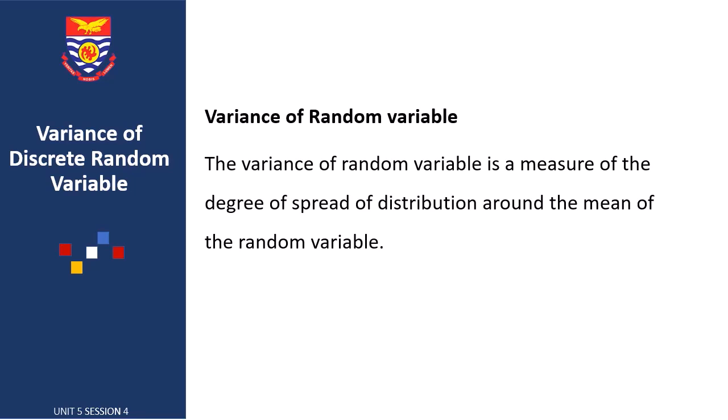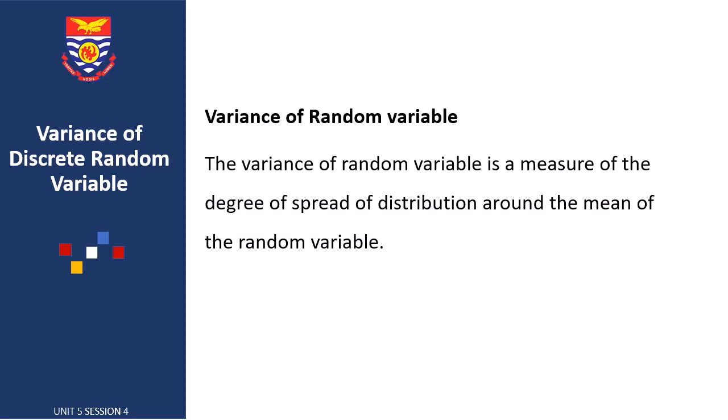In other words, if you have a small value of variance, that will indicate that the values of the random variable are likely to be close to the mean of the distribution. And on the other hand, if you have a large value of variance, it will indicate that the random variables are likely to be far away from the mean of the distribution.